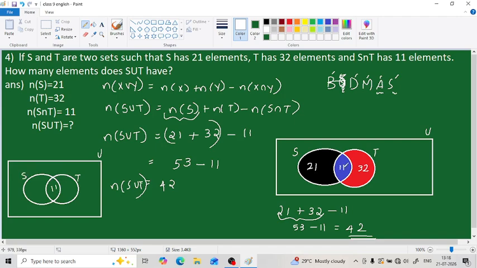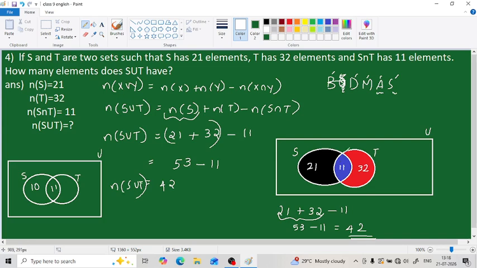Given that 11 is the total number of common elements, isn't it? We know that this full S contains 21 elements and 11 is common. So 21 minus 11 is 10, so only S has 10 elements. Then what does the other part mean?